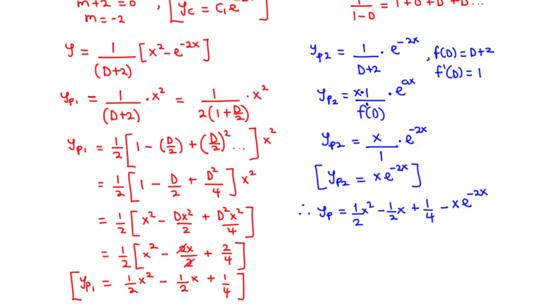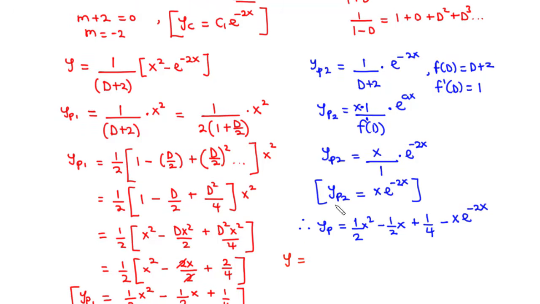Therefore the general solution y is equal to yc plus yp, where yc is c1 e to the power negative 2x, plus yp, which is plus 1 over 2 x squared minus 1 over 2 x plus 1 over 4, and then minus x times e to the power negative 2x.